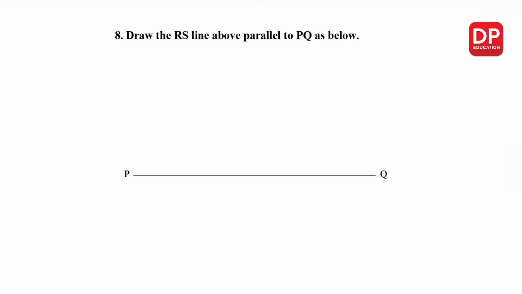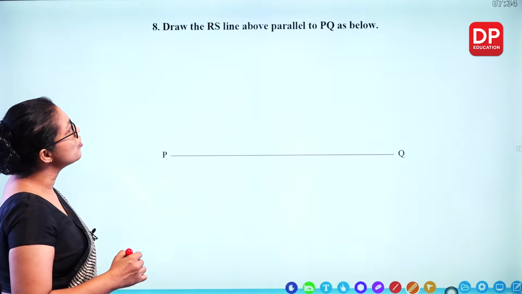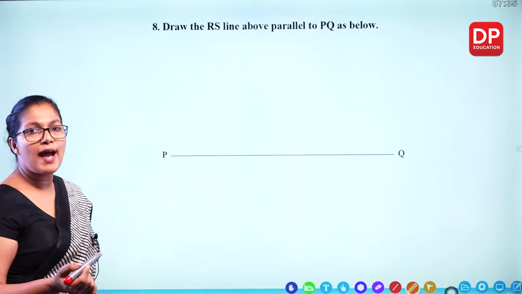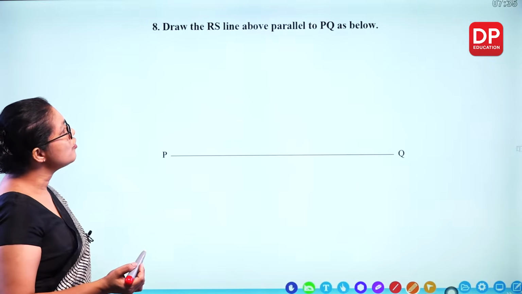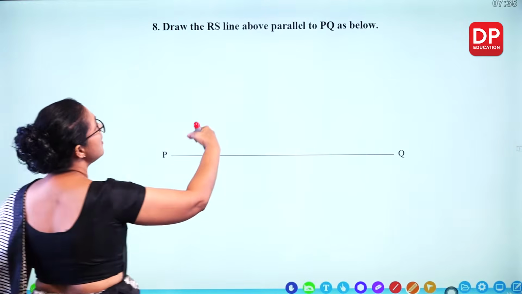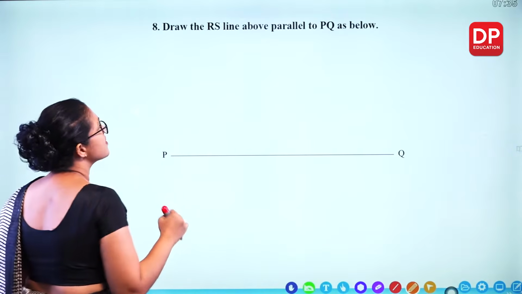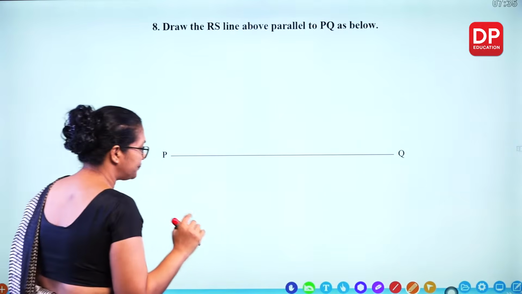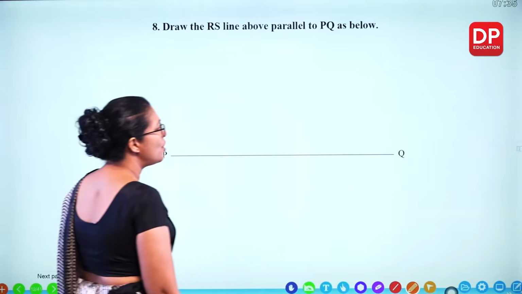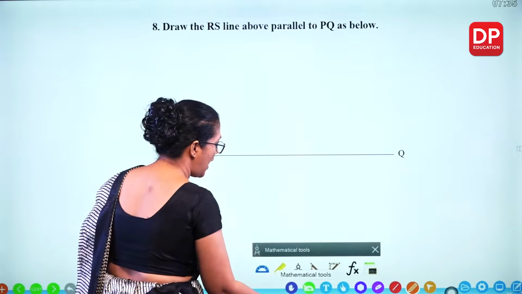Draw the RS line above, parallel to PQ. So PQ line is given, and we need to draw another line RS above PQ. So you take the ruler and the set square.